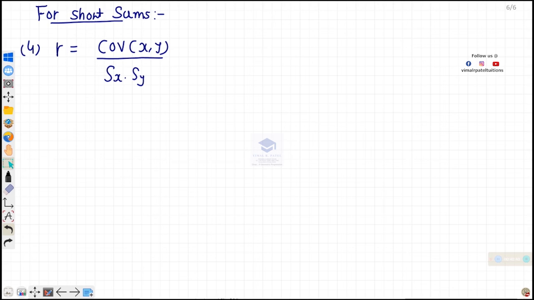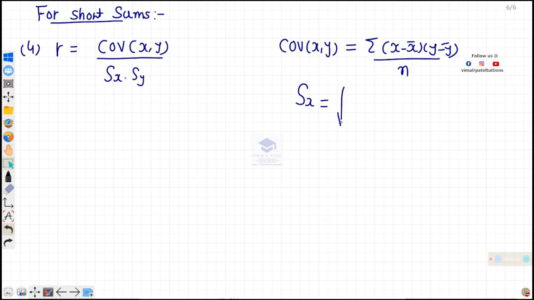R is equal to covariance of x and y upon standard deviation of x into standard deviation of y. Now they will generally provide the value of covariance. Covariance means sigma x minus x bar into y minus y bar upon n. Standard deviation, you know, you have done in your 11th.